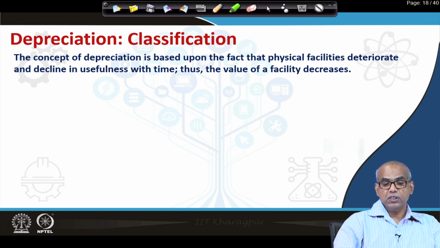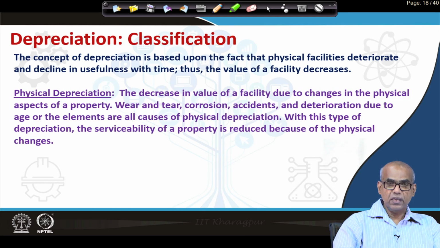The concept of depreciation is based upon the fact that physical facilities deteriorate and decline in usefulness with time. Thus, the value of a facility decreases with time and age. We can classify depreciation in two ways: physical depreciation and functional depreciation. Physical depreciation is the decrease in value of a facility due to changes in the physical aspects of a property.